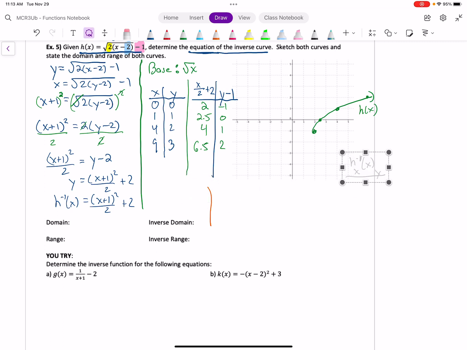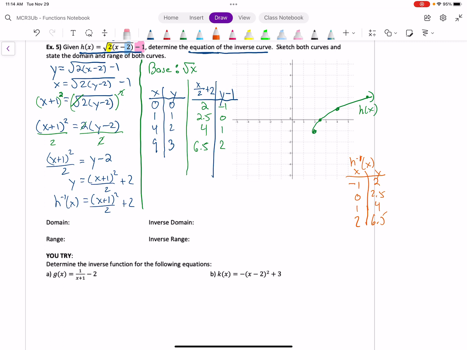So let's do it over here. I'm really just going to switch the x and y's for my transform. So this becomes negative 1, 0, 1, 2, and 2, 2.5, 4, and 6.5. As long as I've graphed the original correctly, this is going to be perfect for my inverse.